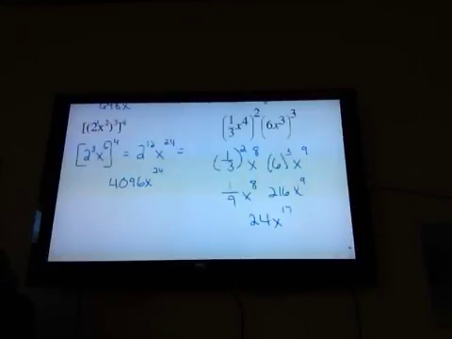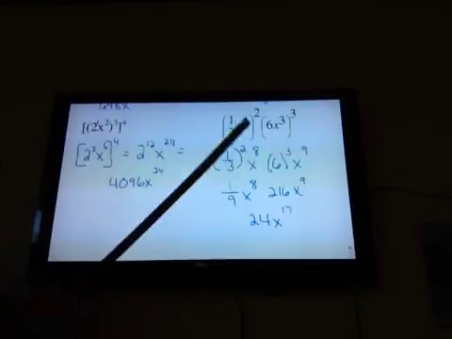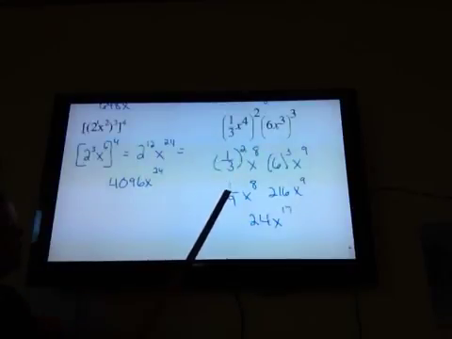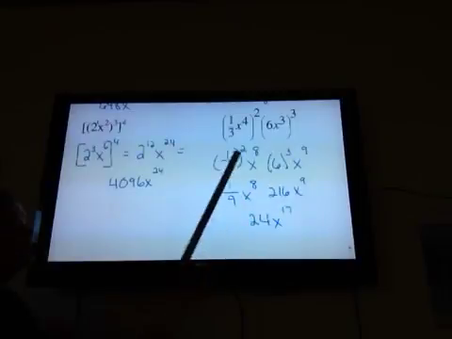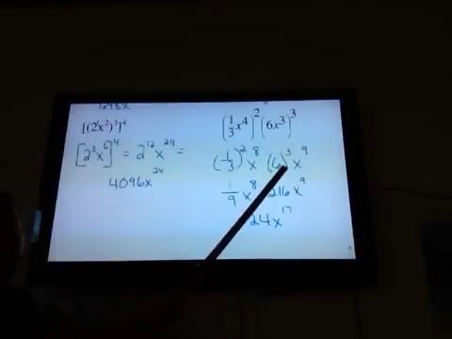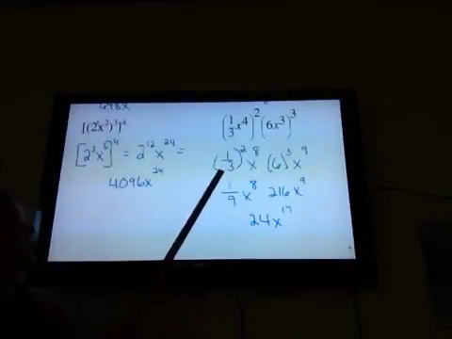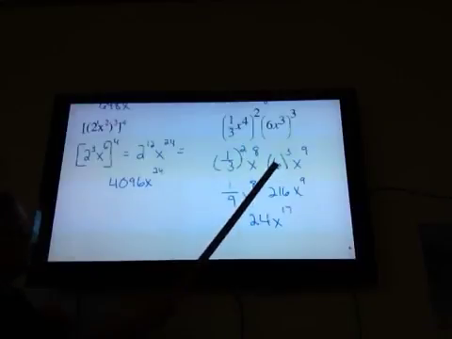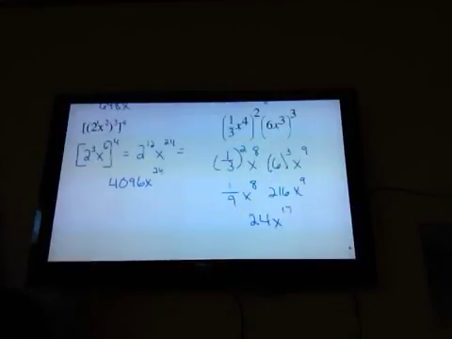I got 1/3 squared x to the 8th times 6 to the 3rd x to the 8th. Okay, then I got 2 to the 5th x to the 7th. Okay, you've got to actually square it. You've got to make this 1/9 first and 216 first. You can't cancel quite yet there. So you're canceling 1/3 with 6 before you're doing your power. We can't do that.